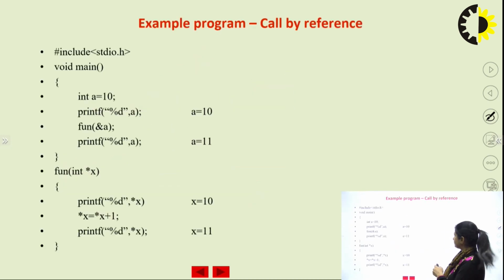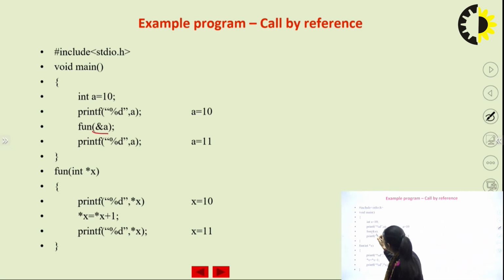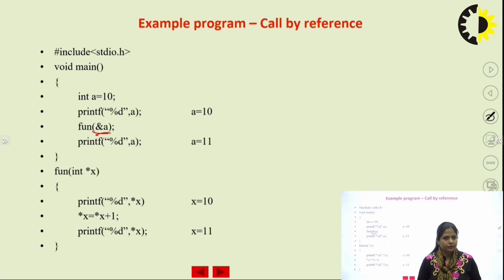While if we are passing the reference, we are passing the address. That means now I am asking this to do any kind of changes on the original value, right.